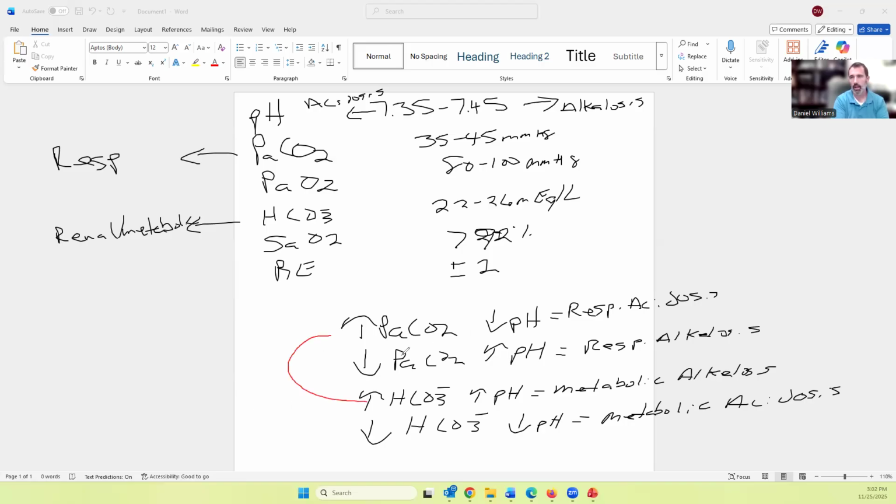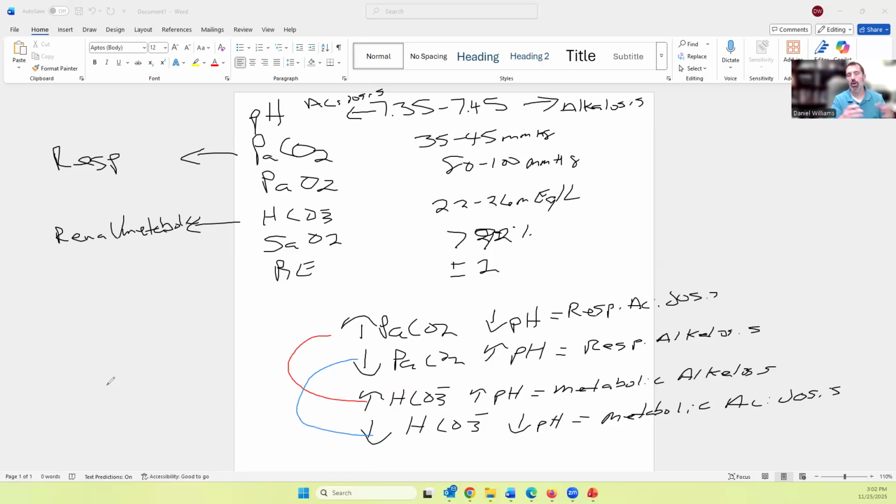So those two will go together as far as the acid-base buffer system is concerned. If you were to have a respiratory alkalosis and we're allowing the body to try to fix that, the body would try to fix that by metabolic acidosis.